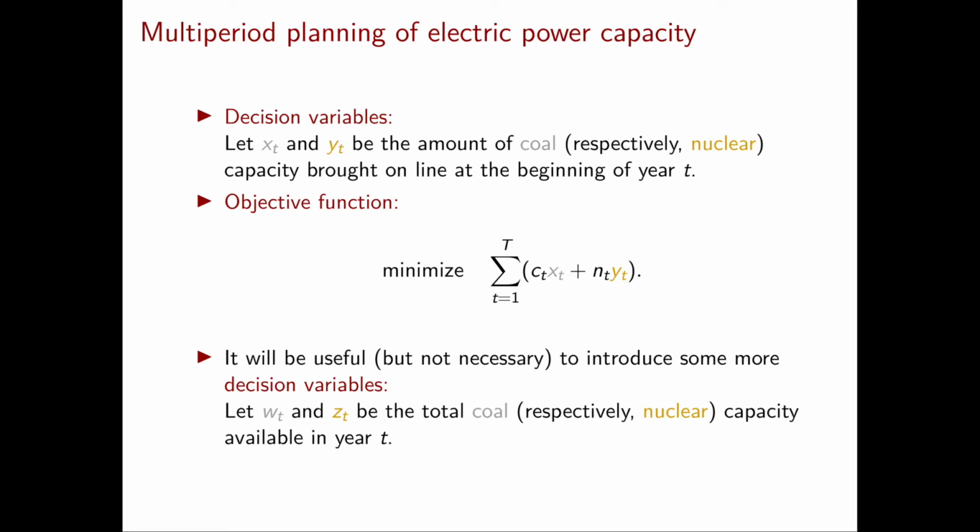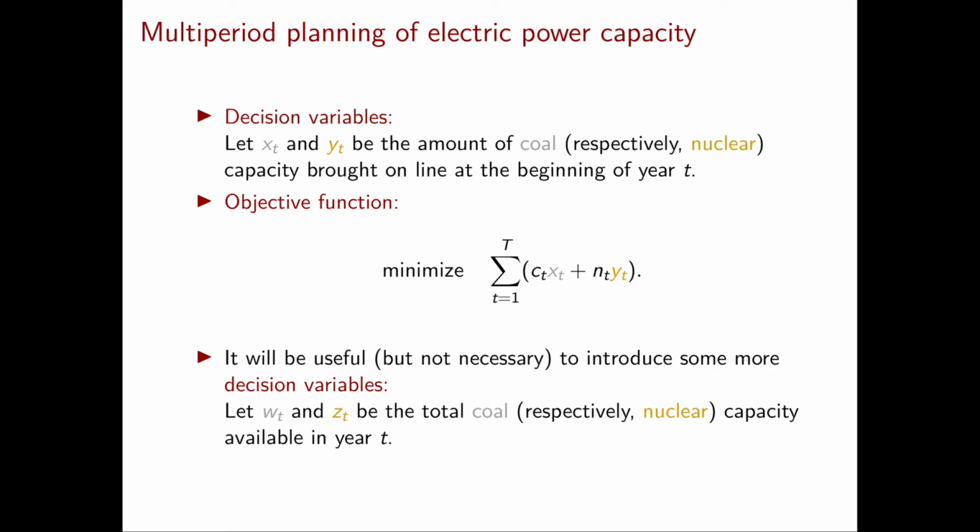At this point, before getting to the constraints, I want to introduce some more decision variables. I'm going to talk more about these decision variables once we have fully written down our linear programming problem. What you need to know right now is that it's not really necessary to introduce these auxiliary variables, but it will make our life easier.